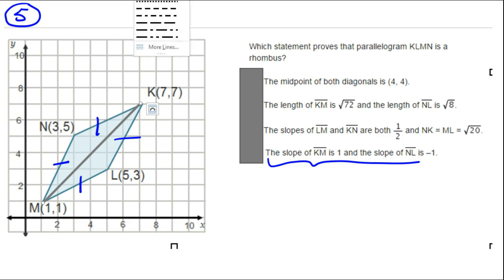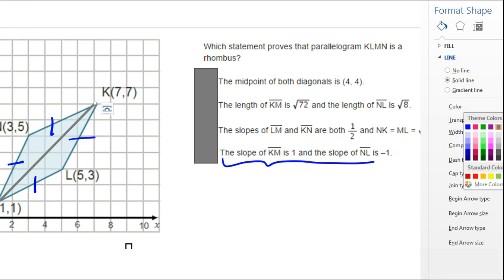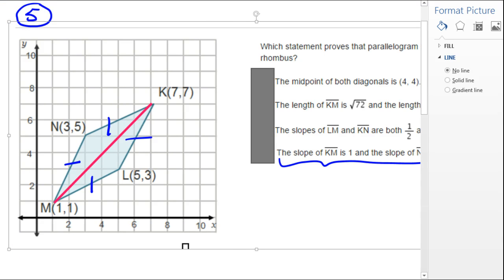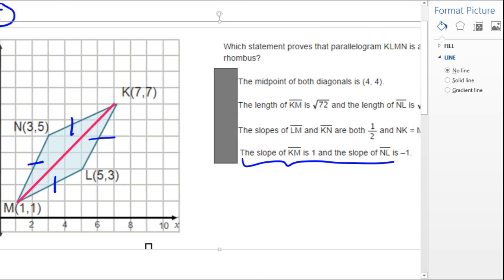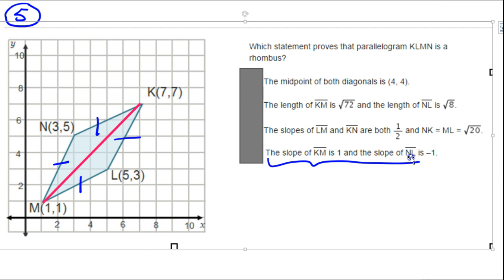Okay, is it too late to do the color on this? All right, I'm not sure it was worth all that effort, but there you go. So KM is a diagonal, and then they're also mentioning NL. And check it out, NL is another diagonal.